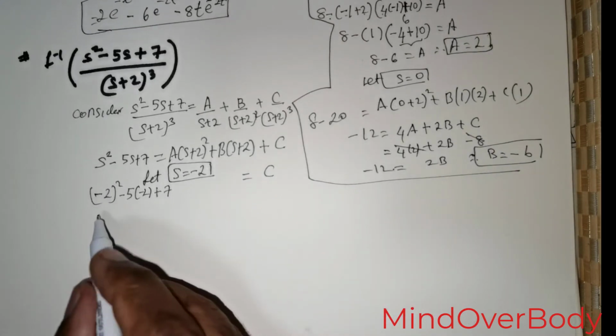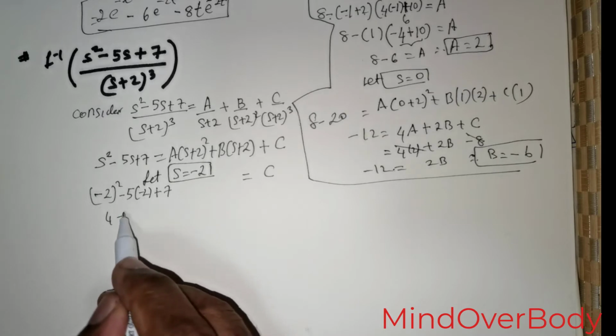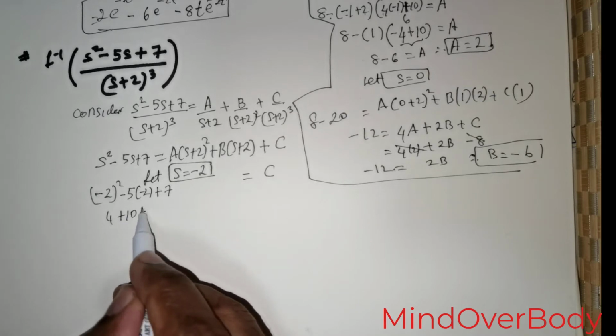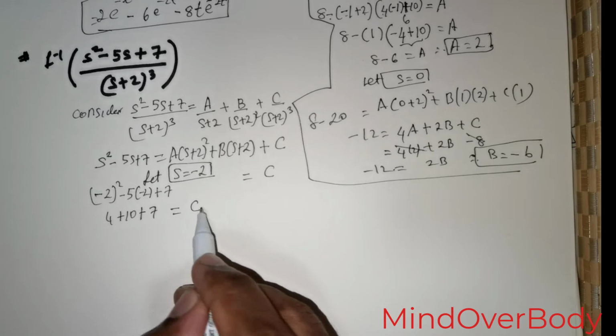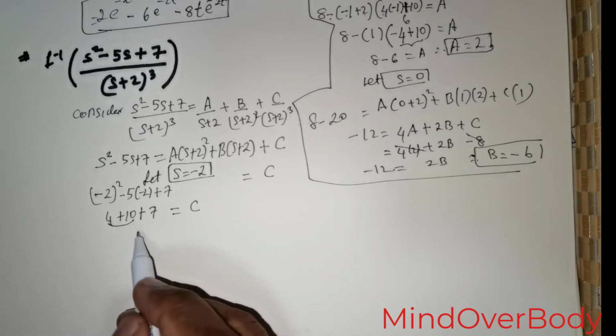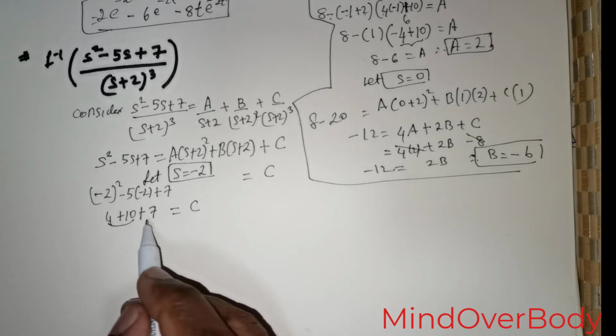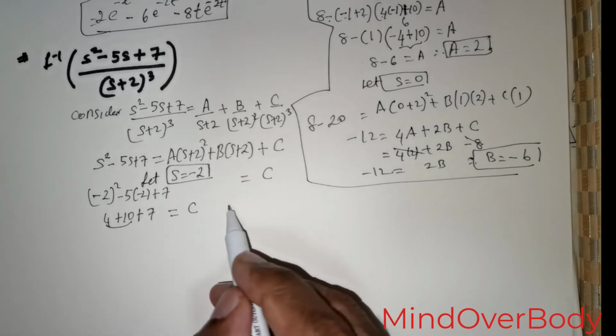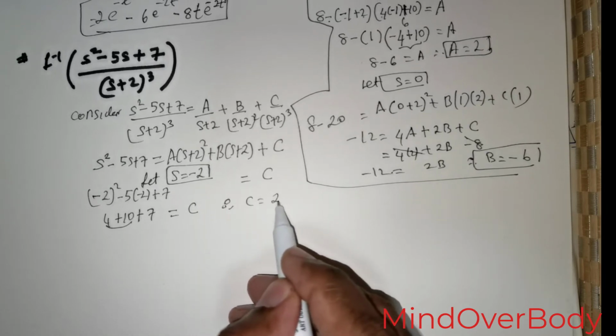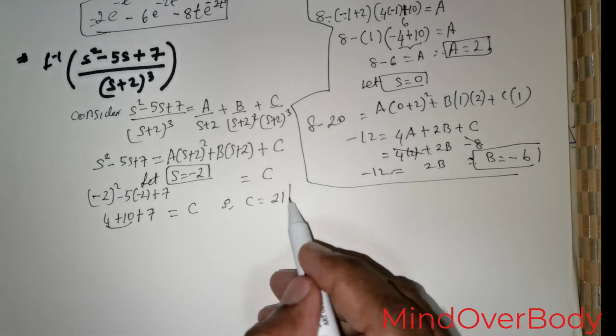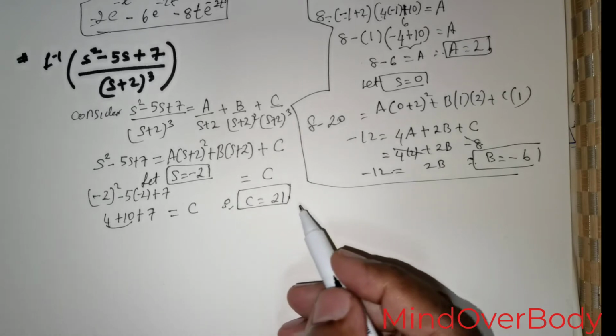Now I can rewrite this as 4, positive 5 times 2 is 10, positive 7 is equal to C. 4 added with 10 will give me 14. 14 added with 7 will give me 21. So therefore my C is 21. So that's the first value we have got.